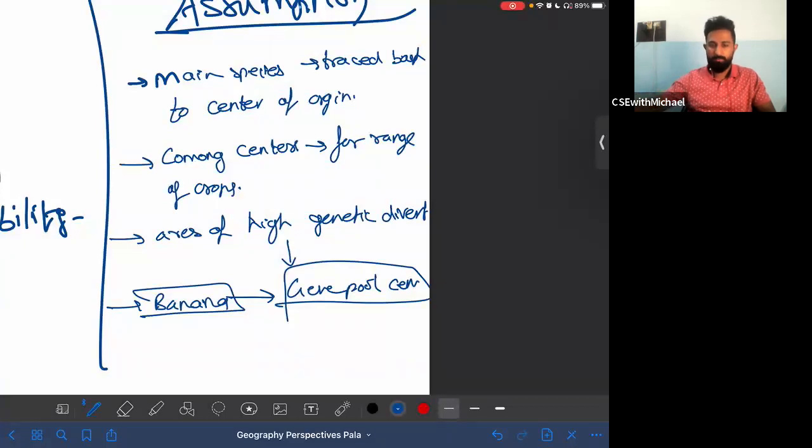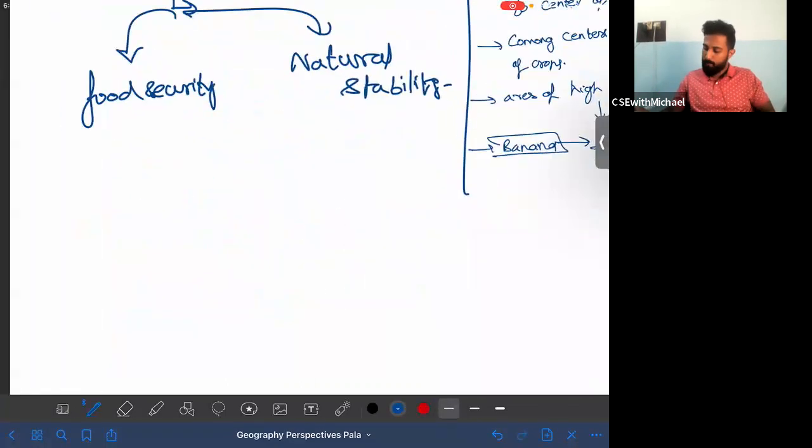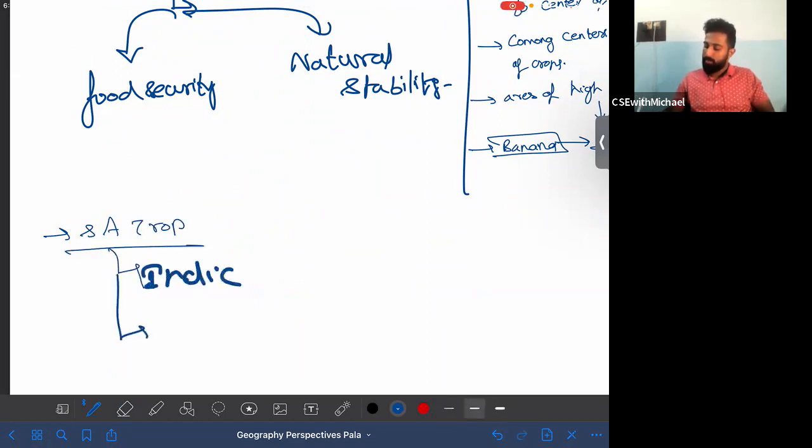So these are the parts of India and the Indochina region. Indochina is Southeast Asia. The South Asian tropical region is composed of the Indic realm and the Indo-China region. These are the regions where crops like rice, sugarcane, etc., have originated.